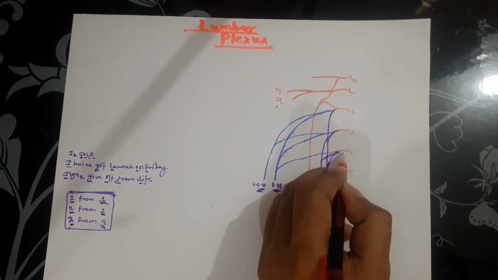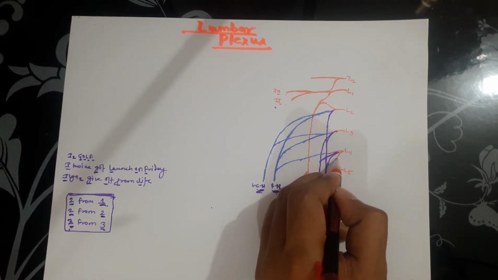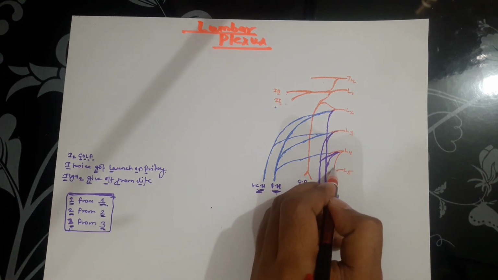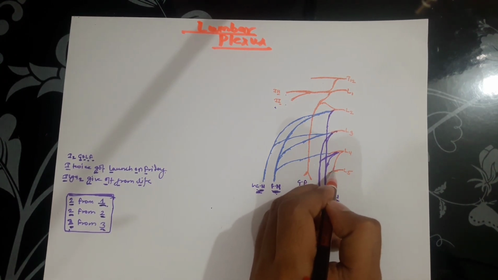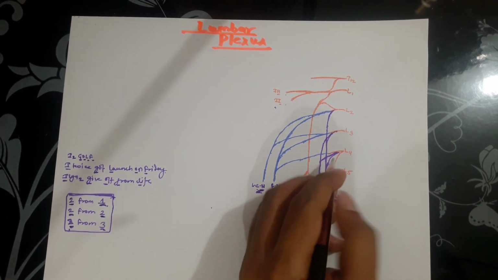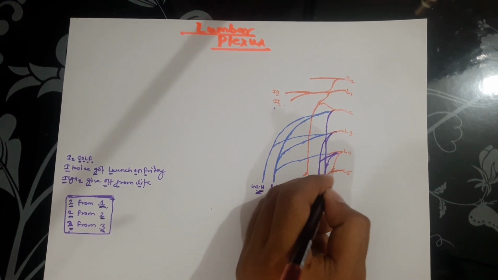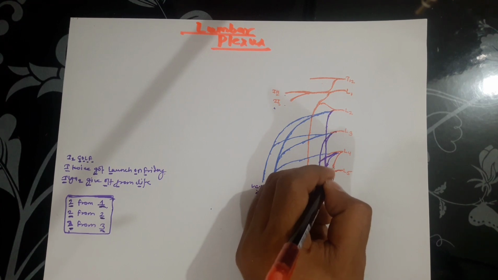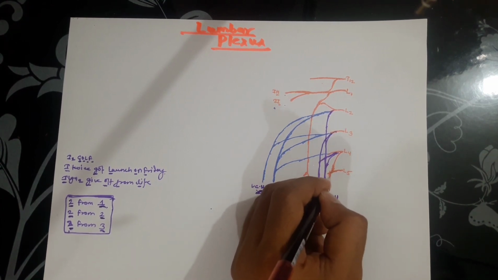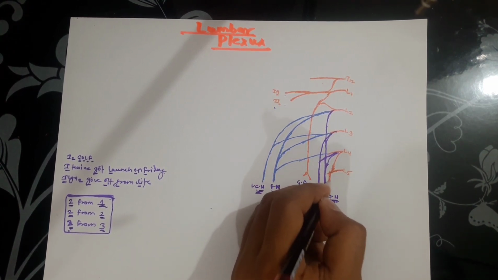It receives some fibers from L4 and unites with the anterior rami of L5 to form a sacral trunk, which later takes part in the formation of the sacral plexus.